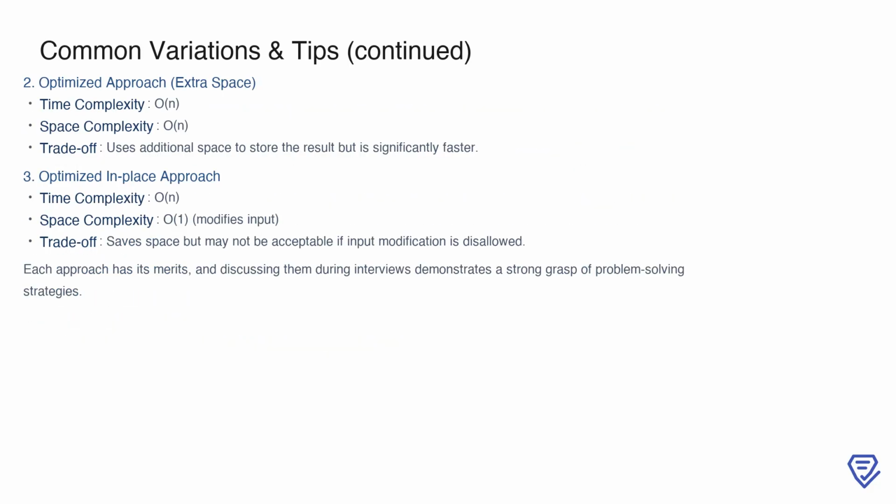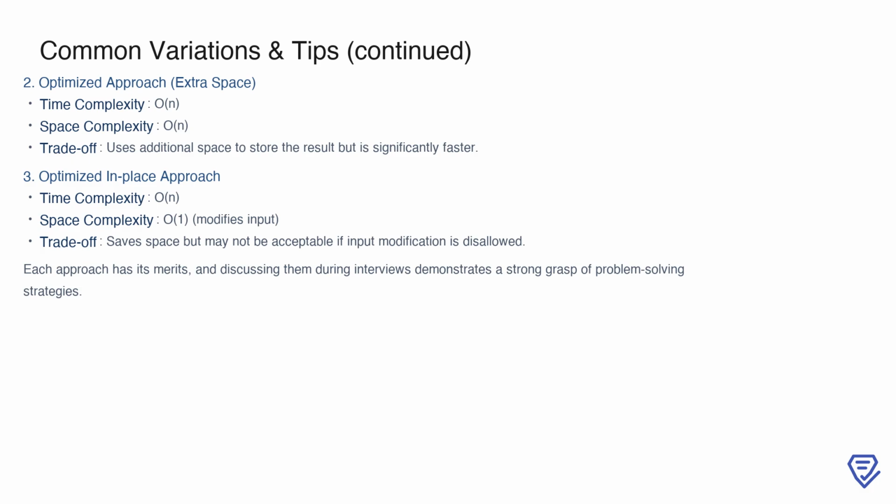An optimized approach that uses extra space offers a significant improvement over brute force. By creating a new array to store the results, you can achieve a time complexity of O(n) and a space complexity of O(n). This method is faster and ensures clarity in logic, but it does require additional memory, which might be a consideration in environments where space is limited.